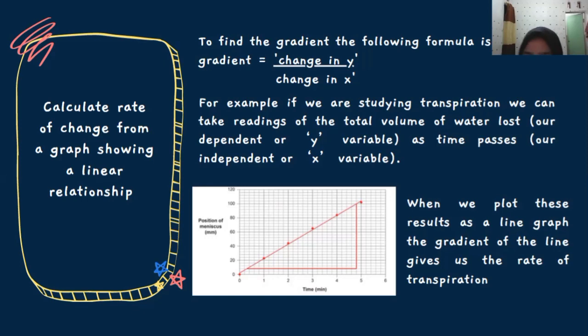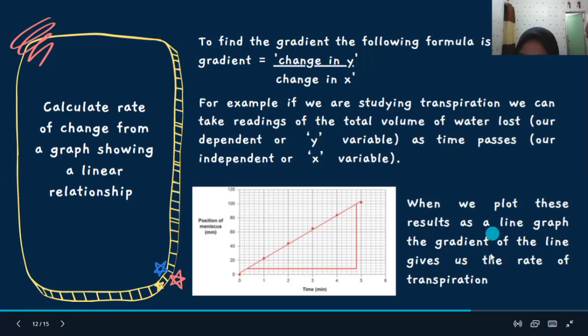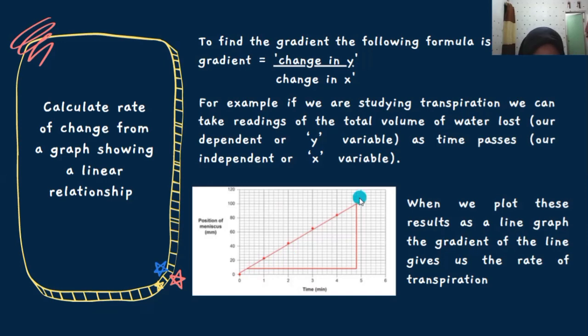When we plot this result as a line graph, the gradient of the line gives us the rate of transpiration. The gradient can be calculated by the gradient formula: rate equals gradient, change in y divided by change in x.